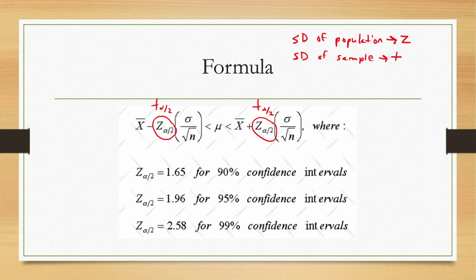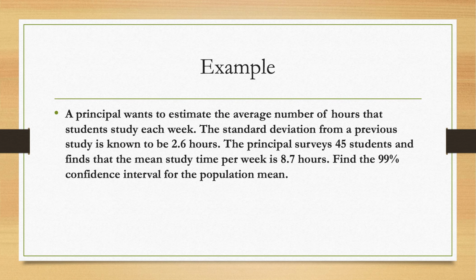All right, so let's just look at an example just to remind you of how this is going to work. This one says a principal wants to estimate the average number of hours that students study each week. The standard deviation from a previous study. Remember that if it's talking about a previous study, that is an indication that we have the population standard deviation.